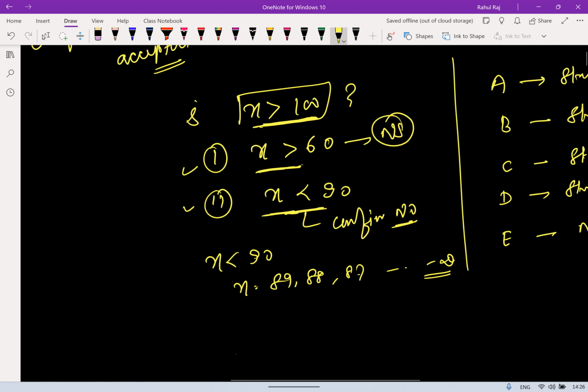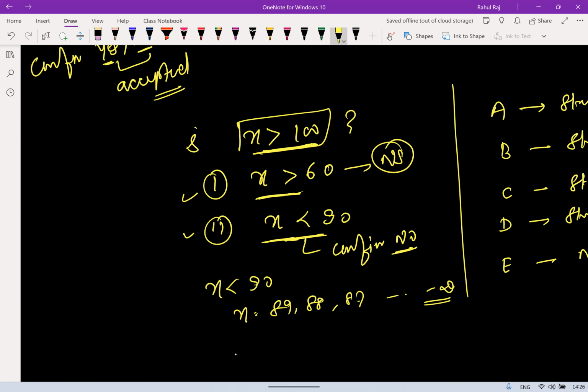Yeah. So when I say x is less than 90, this gives me a confirmed no answer, saying that no, x is never greater than 100. Am I right? It is the same as asking, is your name Rahul? That's all.